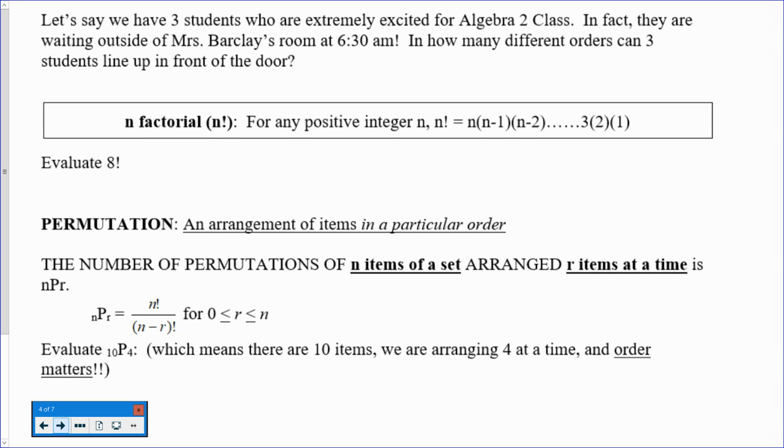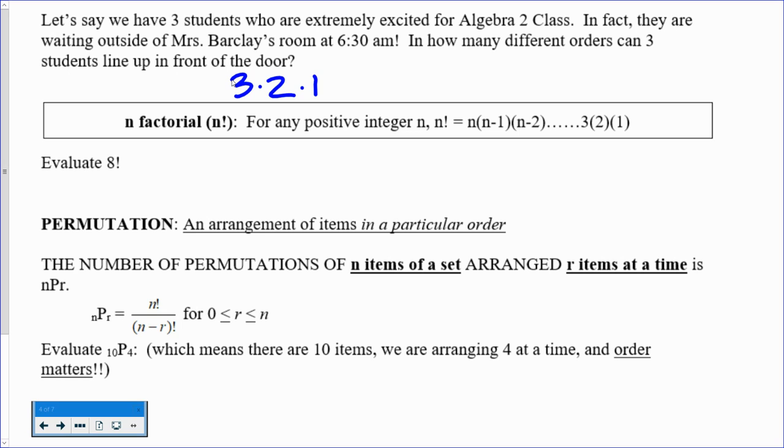So I've got 3 students that are there. Okay, so I think about there's a spot for 1 person. But there are 3 people that could potentially get that first spot. Okay, and then someone stands there. And then now there are 2 people left potentially for that second spot. And then one of my students stands there. And then the last student will get the last spot.